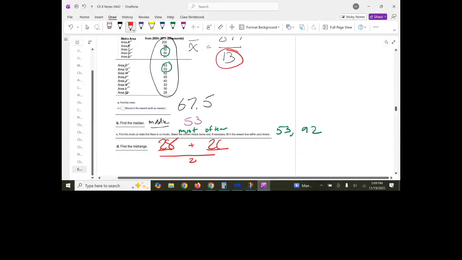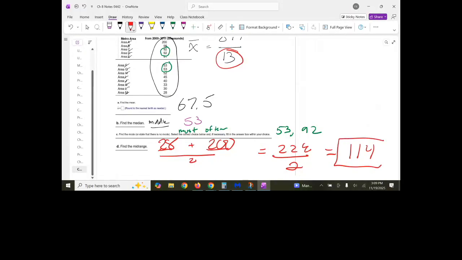The biggest number was 200. If we add those together, we get 228. Then all we got to do is cut it in half. So we take 228 and divide it by 2. Boom. We should get 114, right? And there's my mid-range.